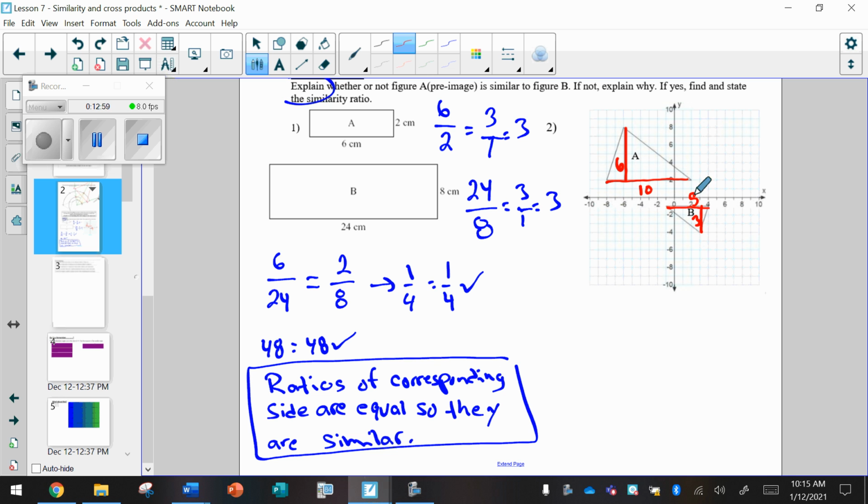I think we can all agree that when I write the ratio of base to base or height to height, we're going to see that they both reduce down to a half. So the ratios are equal. The triangles are similar.